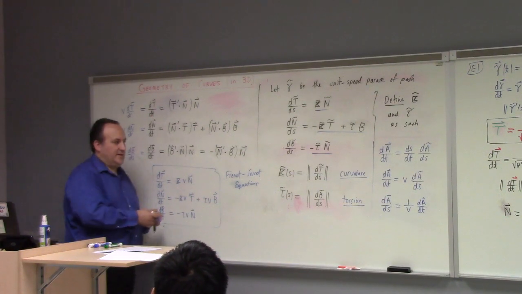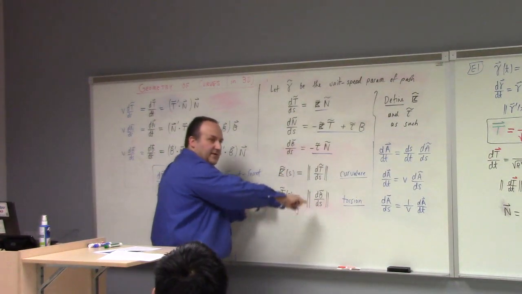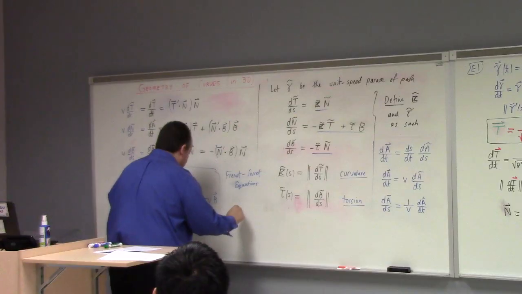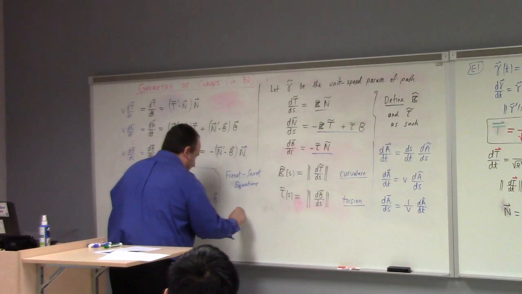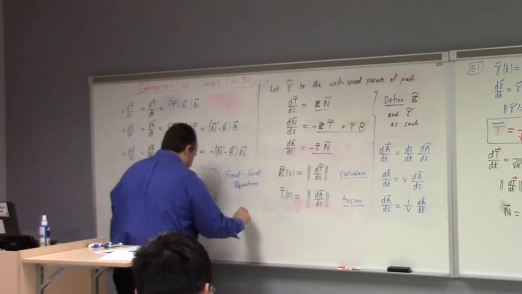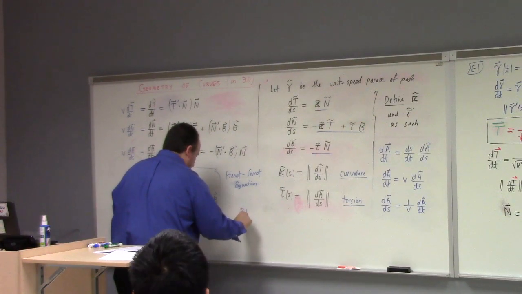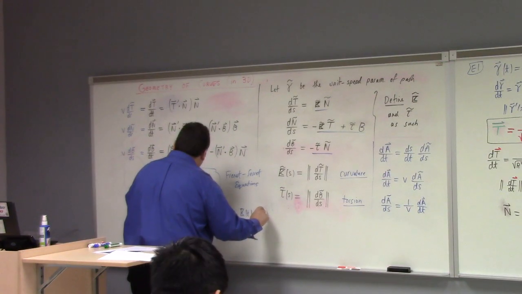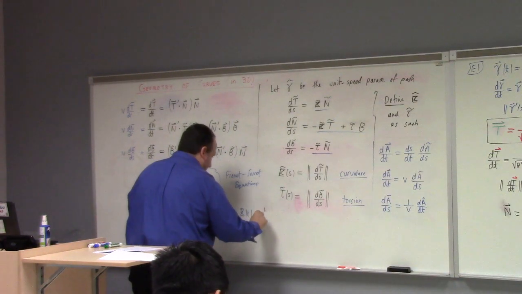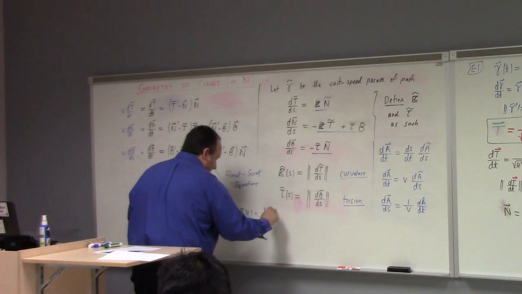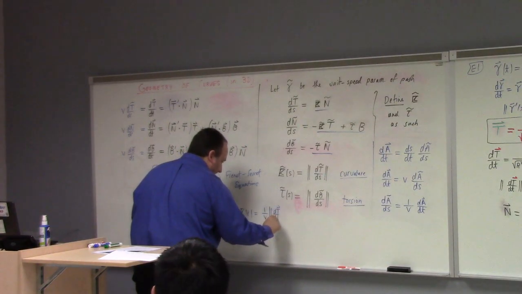So the definition I gave right here is for the arc length parameterization. If you want to calculate the curvature as a function of time, it's going to be equal to 1 over the speed times the magnitude of dt dt.